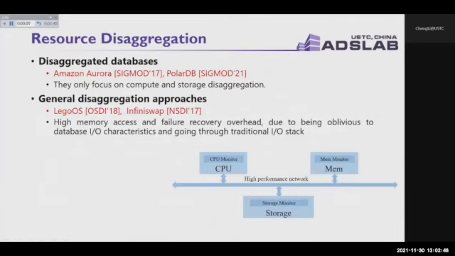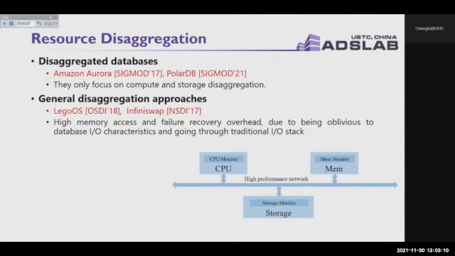It's because of high speed networks, for example, RDMA and the IB network, which give you ultra low latency and really high bandwidth. So there is a new direction called resource disaggregation. What is this resource disaggregation?